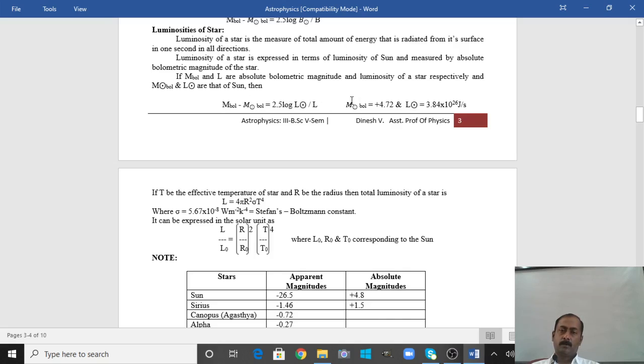Here the bolometric magnitude of the Sun is nearly plus 4.72 and the luminosity of the Sun is 3.84 into 10 to the power of 26 joules per second.